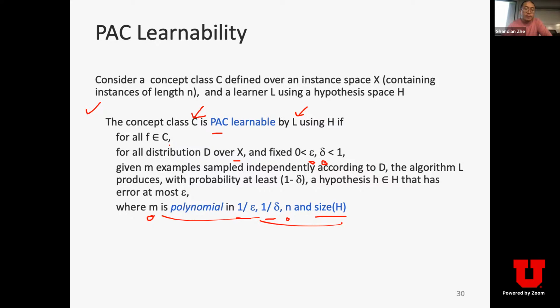We define that the concept class C is PAC learnable by L using hypothesis space H if for every possible target function in C, for all distributions D over X, and for any fixed epsilon and delta, when the number of training examples M is polynomial in the requirement of the error level, the requirement of the probability level, the instance space size, and the hypothesis space size, then the learning algorithm can have the high probability, meaning at least 1 minus delta, to find a hypothesis in the hypothesis space that has error at most epsilon.